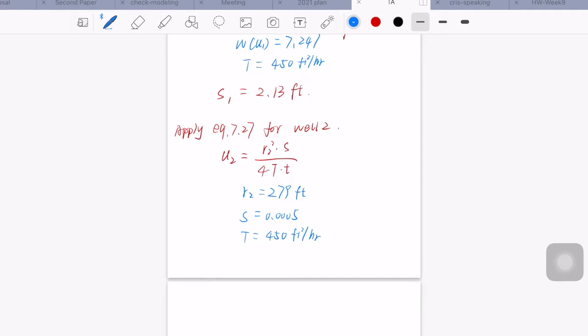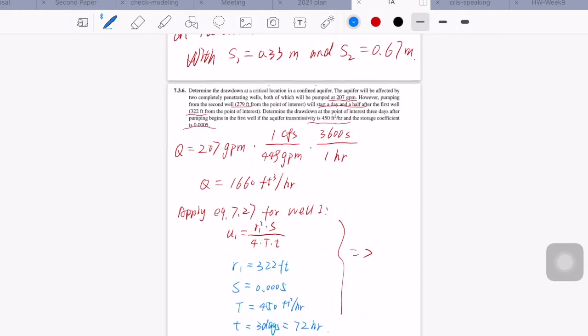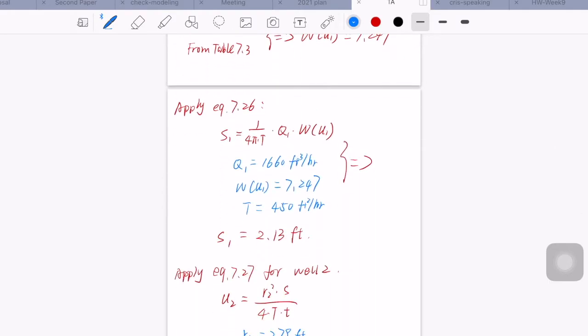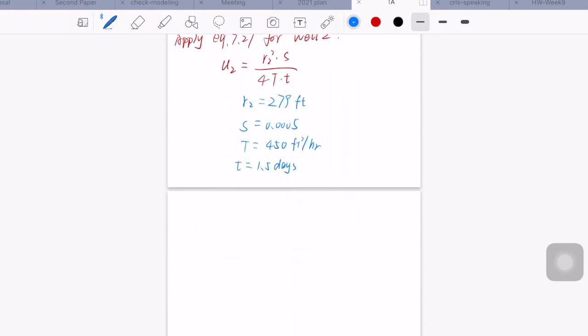And now the time should be equal to 1.5 days, since we know the second will start a day and a half after the first well. So now the time should be equal to 1.5 days, also equal to 36 hours.